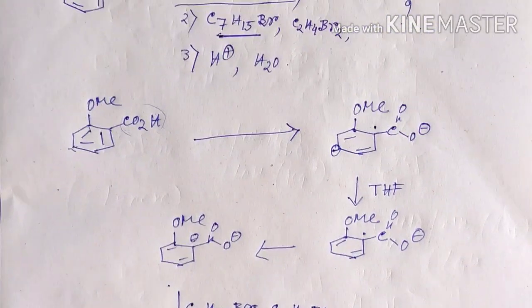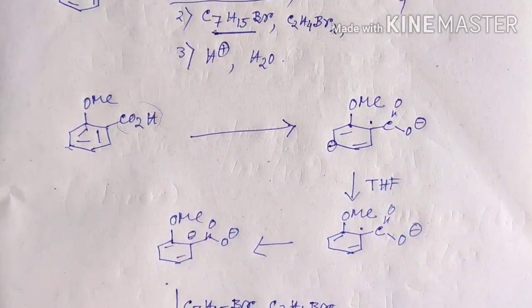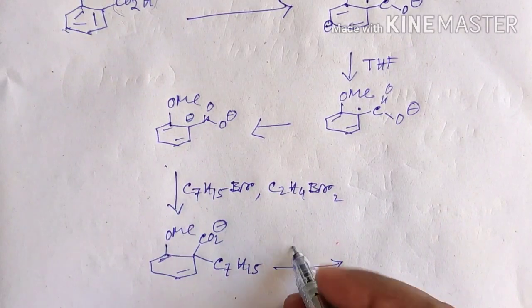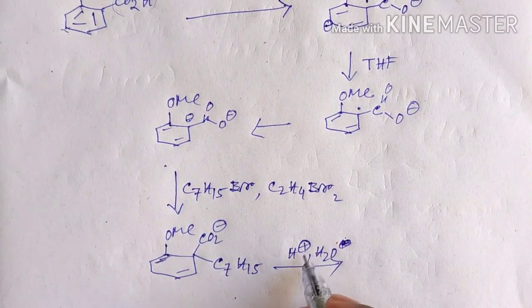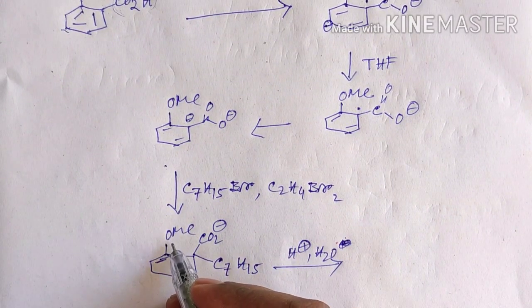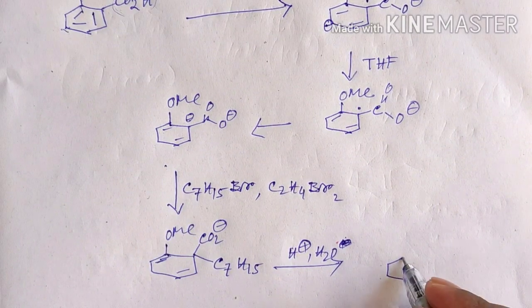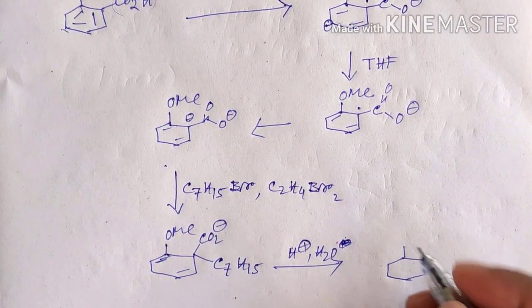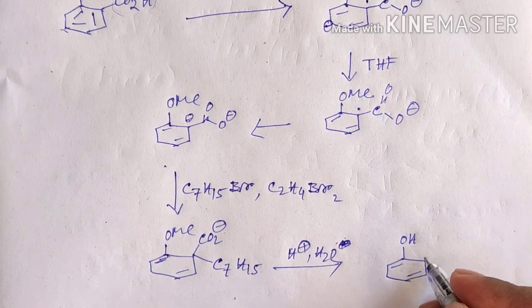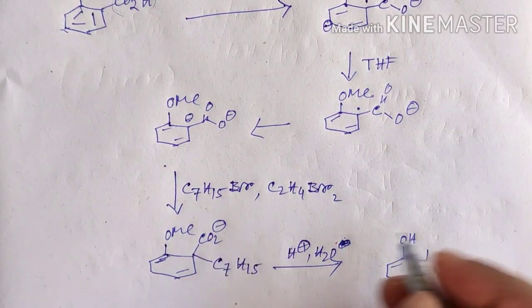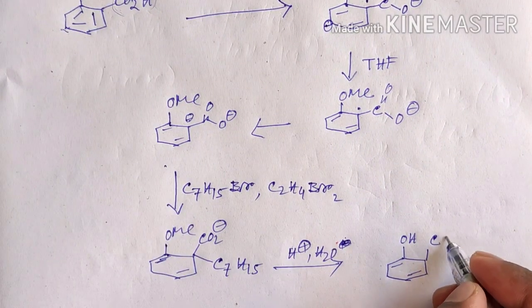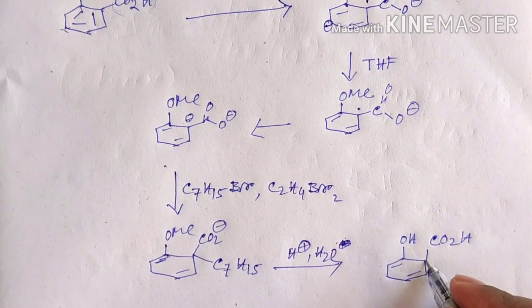And in the third case, we can see there is an acidic condition, and in such condition this OMe group will get hydrolyzed and this CO2 minus will get protonated.